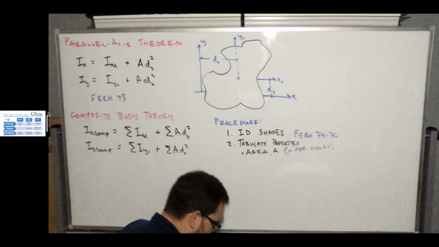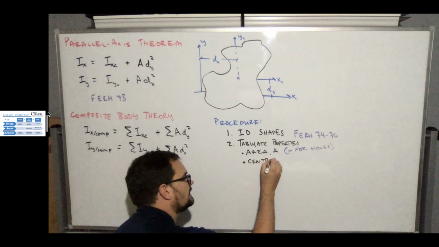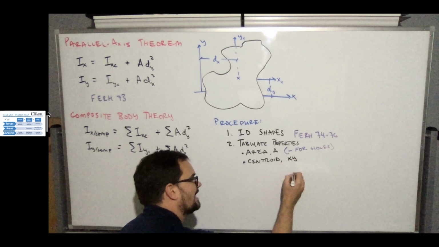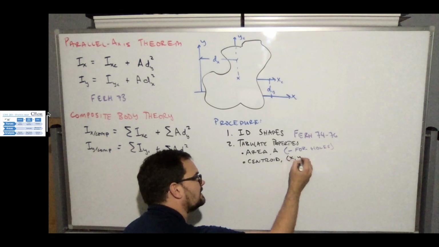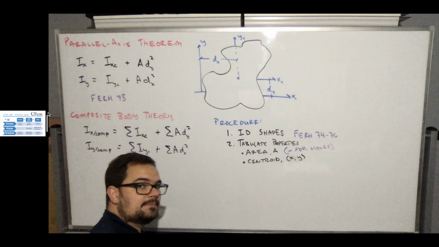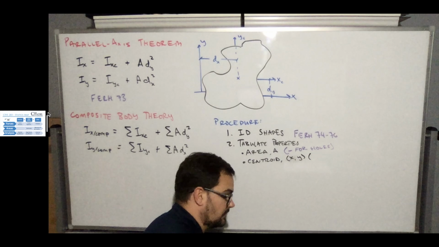And then we'll need the distance to the centroids. And this is where our notation can get a bit confusing because we talked about this as x and y to the centroid for each shape when we were doing our composite body theory. Now we're using x̄ and ȳ for centroids.